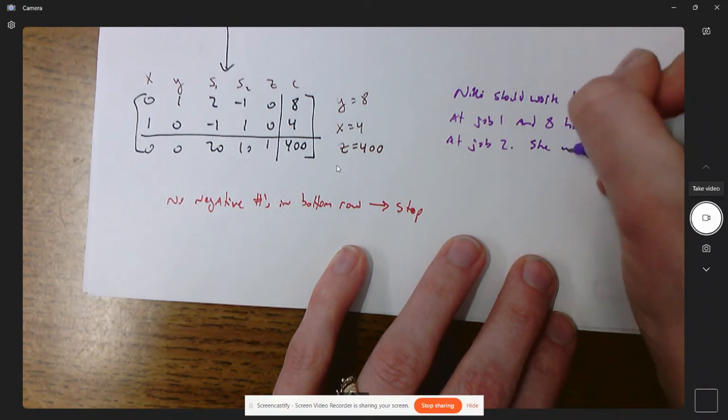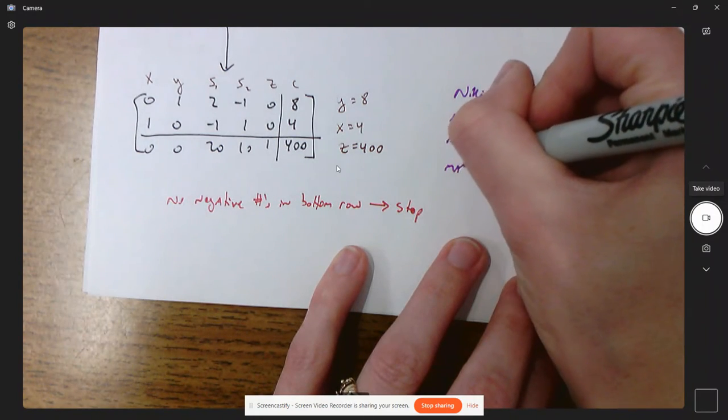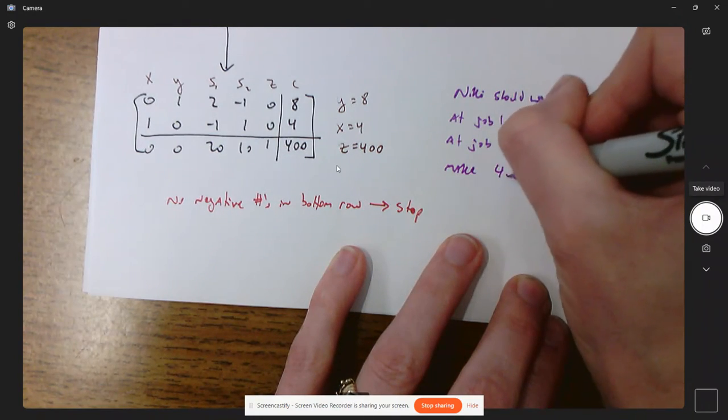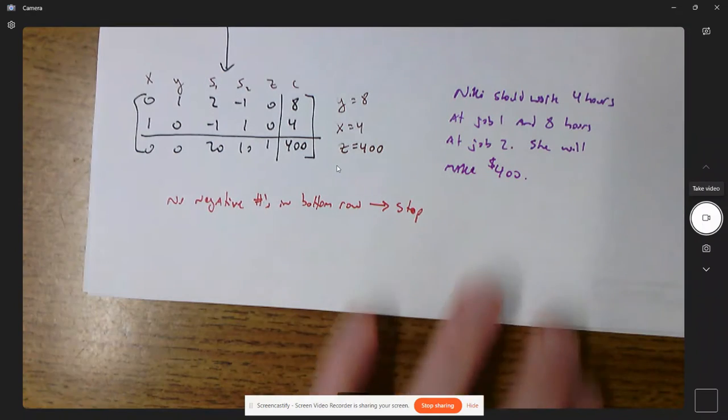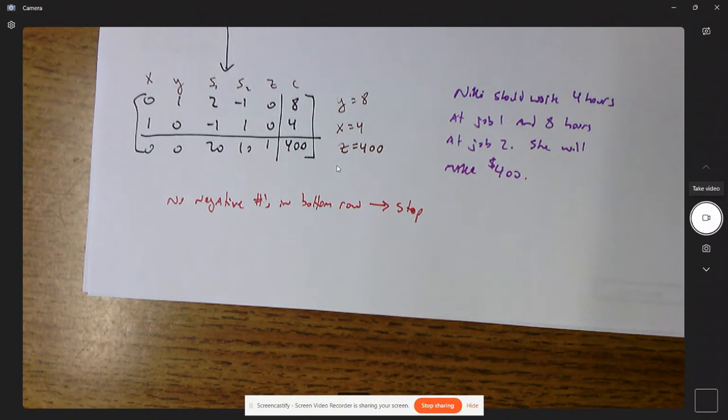And she will make $400. Okay, so she's going to end up making $400 if she works that allotment of hours, and that is the most money that she can make. So we've just maximized her profits here. Okay, and that's what we're looking to do in these particular problems.